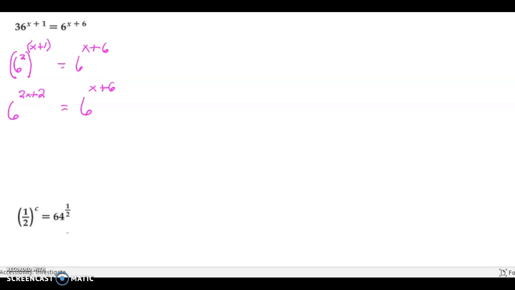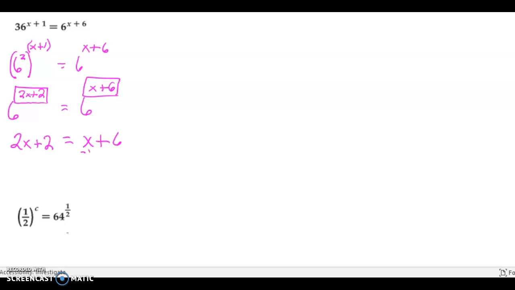Now I'm going to use the one-to-one property. Because my bases are equal, my powers have to be equal. So literally you can just drop your bases. That's probably not a great thing to do, but in your mind, drop your bases and set the powers equal to each other. And now we will continue solving for x.